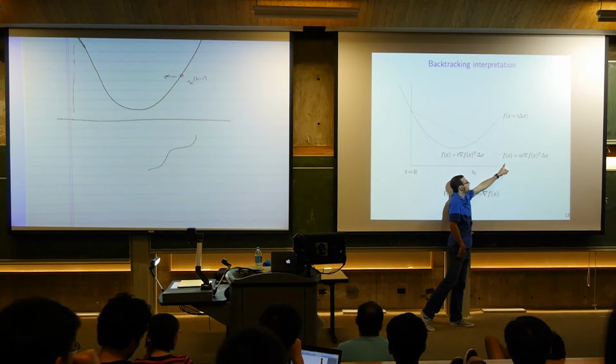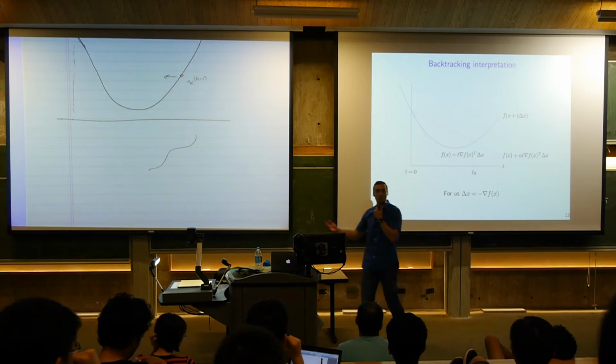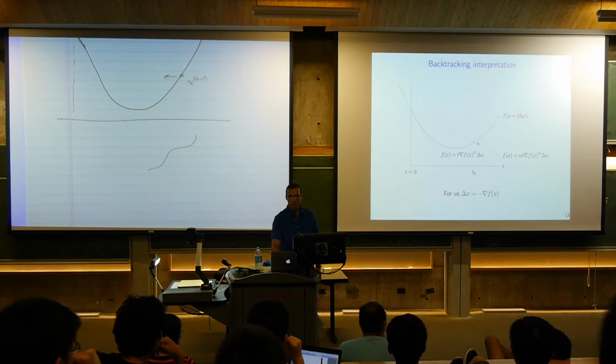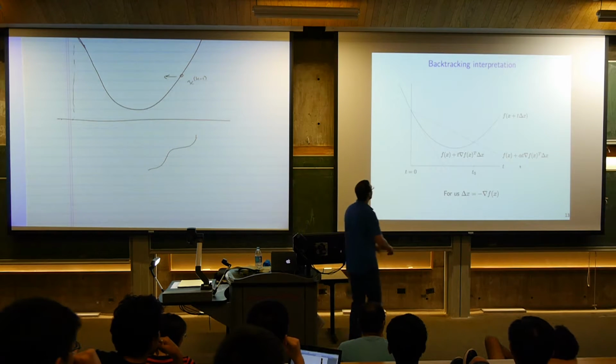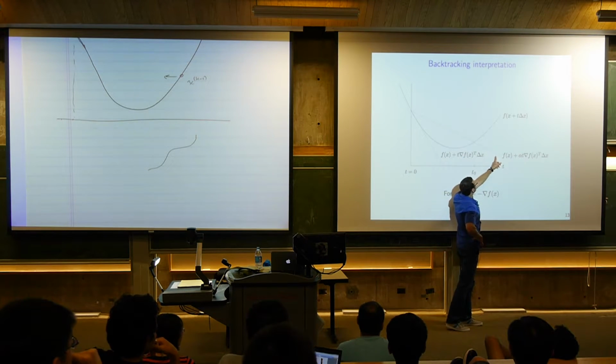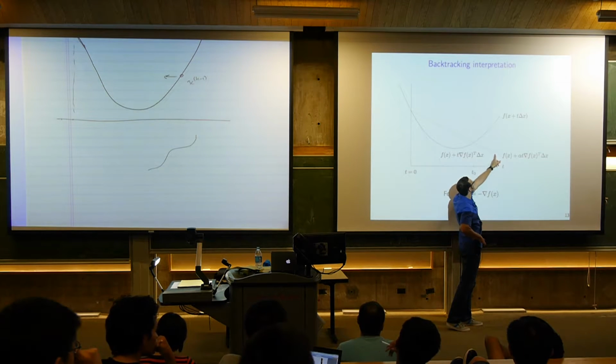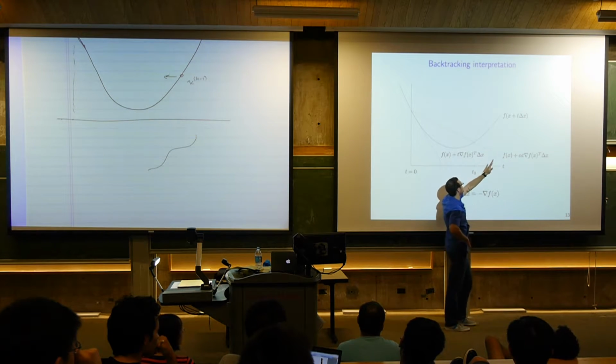This is the same tangent line, but where its slope has been effectively multiplied by alpha. Alpha you can take to be half if you want to simplify things. What we're doing is comparing the step that we might take, let's suppose we're going to take this step, to what we hope to see from a linear approximation. It's too big, so we move back: we multiply t by a factor of beta, and beta is less than 1.